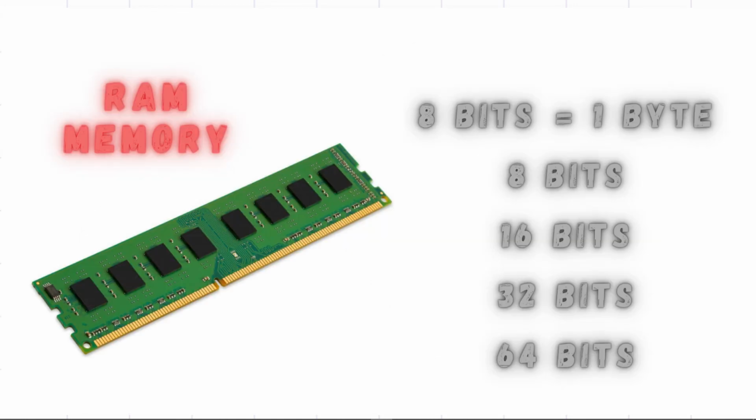Again, your memory card is measured in bits. That's where your zeros and ones come from, the language spoken by computers. Okay? A byte is equal to a character. A character is equal to a byte.